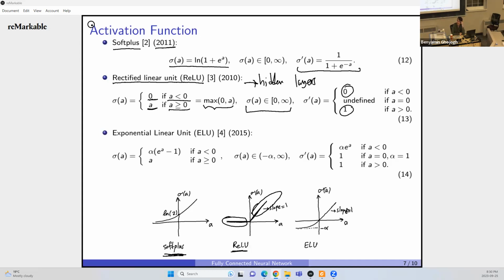And according to the bet on sparsity principle in machine learning, and also Occam's razor in logic and philosophy, sparsity usually works well. Okay. Why is it not used in the output layer? Because in the output layer, we usually need the negative values too. So ReLU is used a lot.